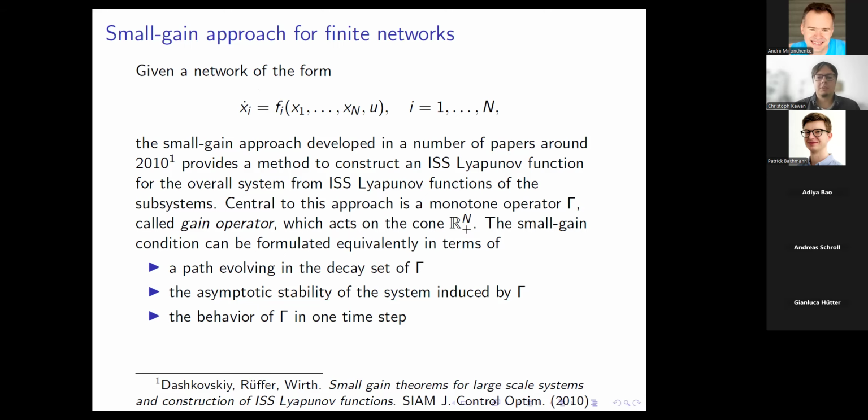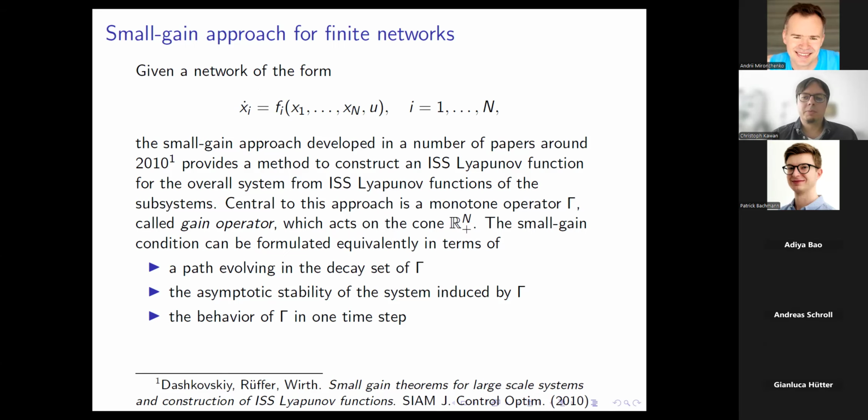Central to this approach is a monotone operator gamma, called the gain operator, which acts on the cone R^n_+, which is basically the positive orthant in the Euclidean space R^n.